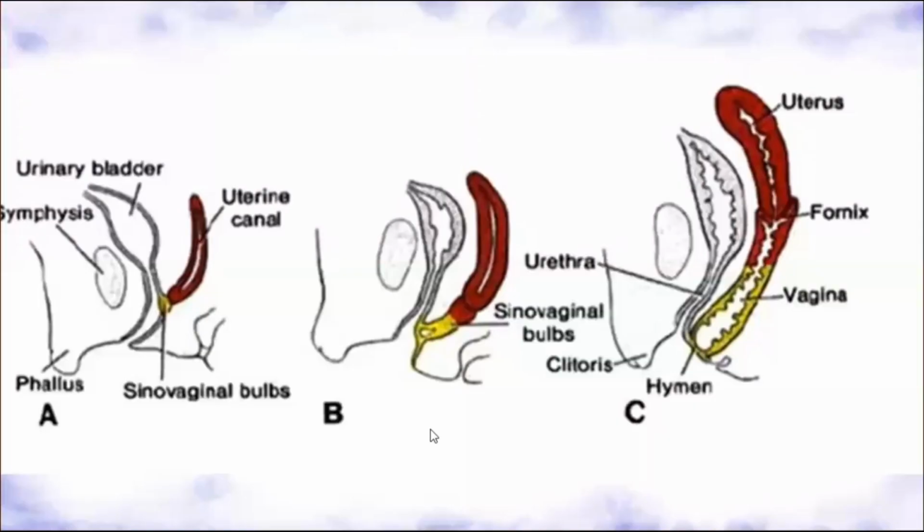And let's look also at the development of the female reproductive tract. So we already know about the development of the uterus. And now this paramesonephric duct, the common duct, is opened into the urethra, and it's called the sinovaginal bulb. And later it will form the vagina.